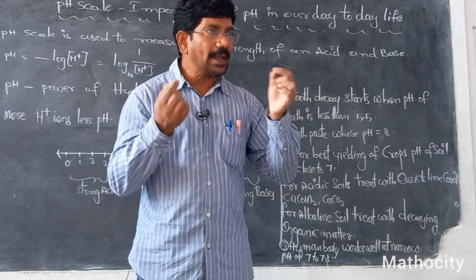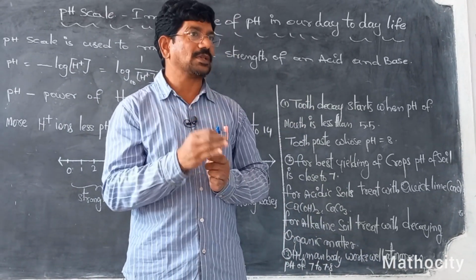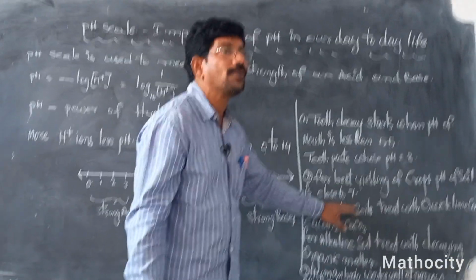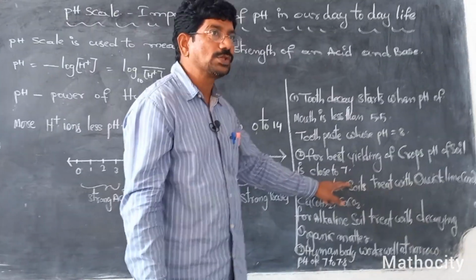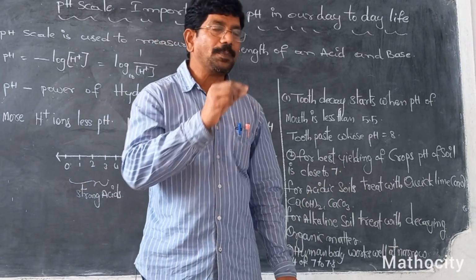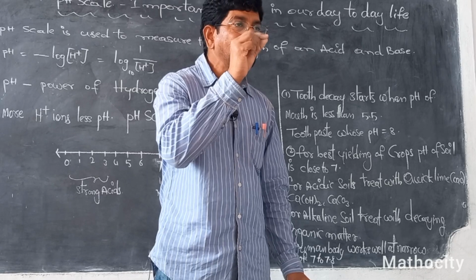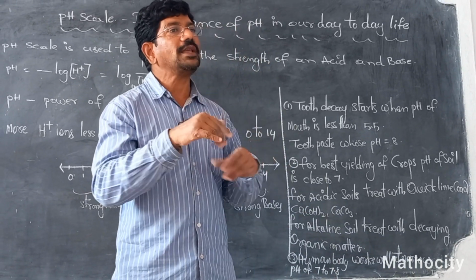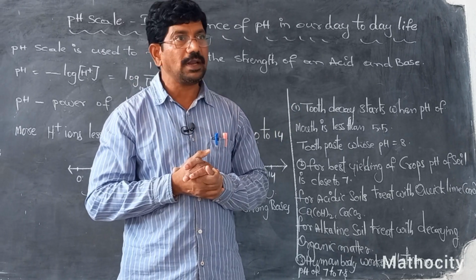For better yielding, for good crops, we need soil whose pH is very close to 7. If the farmer tests the soil for its pH and the pH is less than 7, it is considered acidic soil. If it is more than 7, it is basic soil. Are you clear about that?